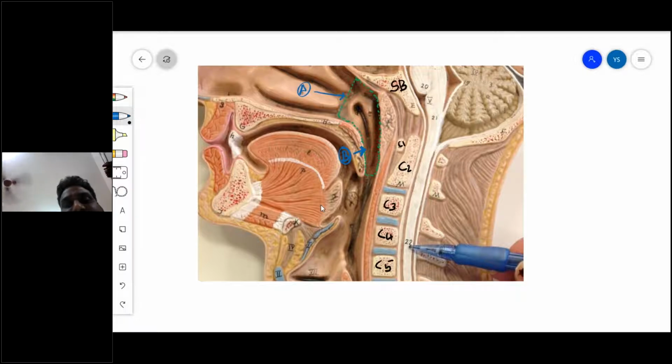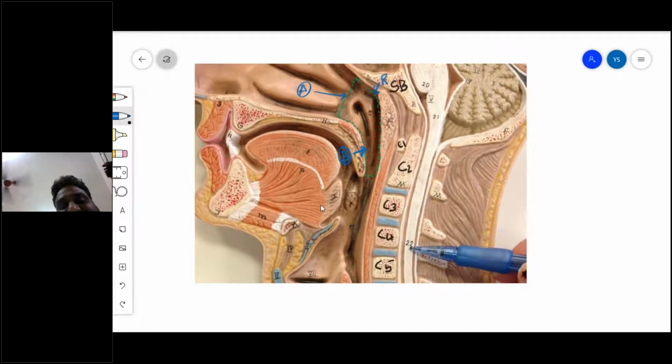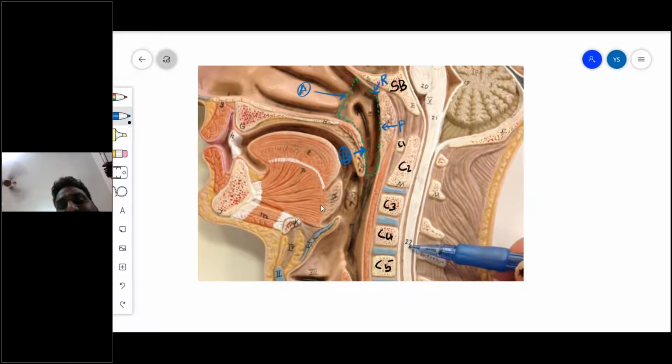Then this one, R, is roof, and this one, P, is posterior wall. Here with blue arrows I'm showing the walls of the nasopharynx: A anterior, P posterior wall, R roof or above, B base or below.